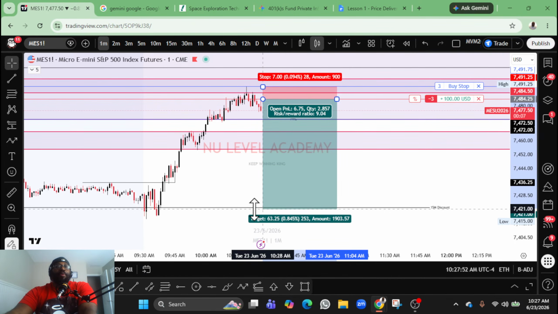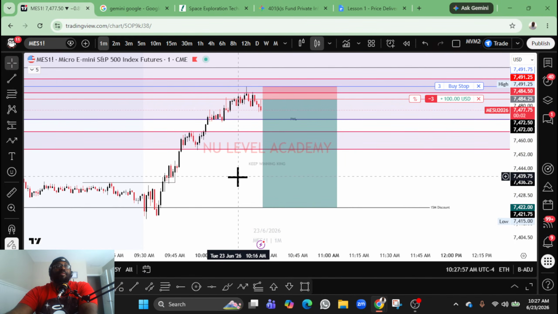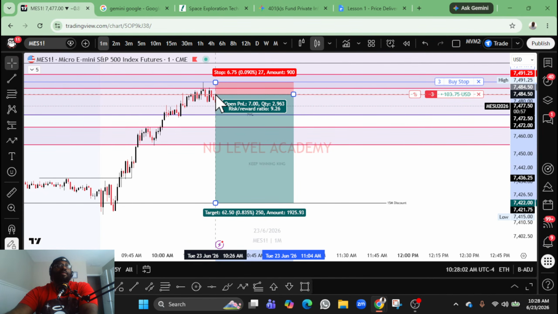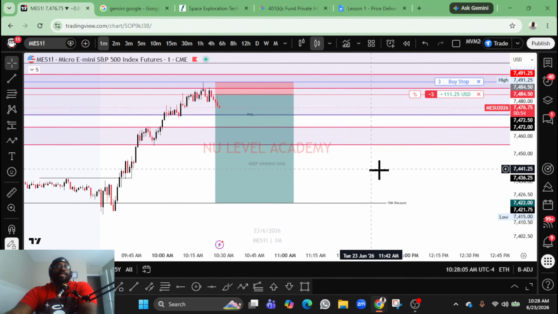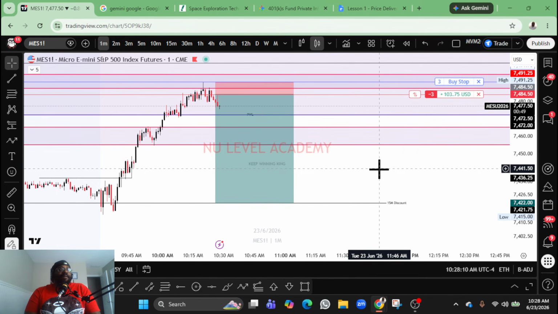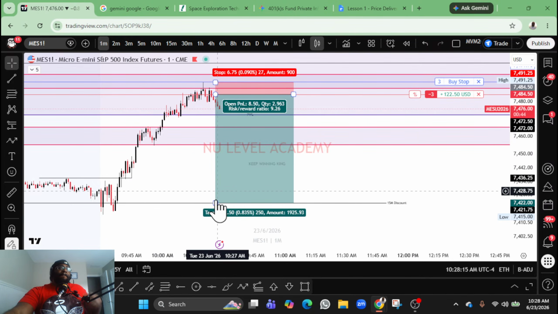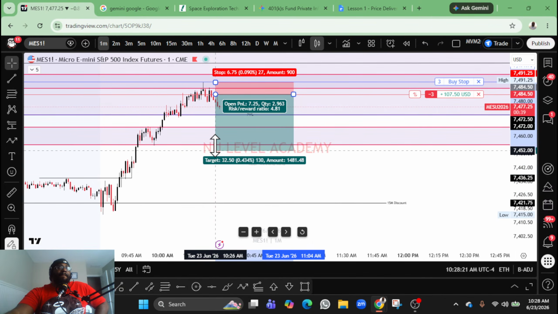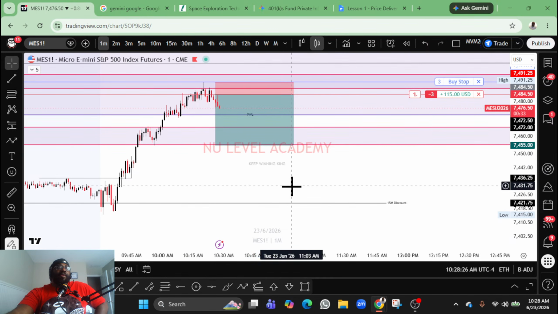I want to take this all the way back to this order block here, but I don't think I'm going to get that today. I really don't think I'm going to get the full entire move today because this move was so big. I don't know. We'll wait and see.